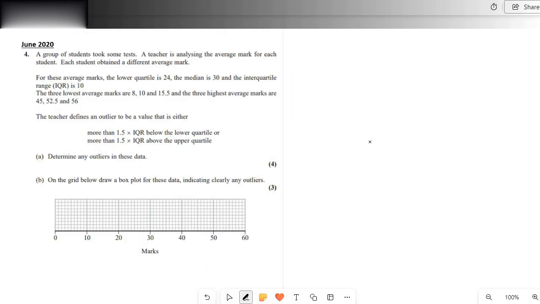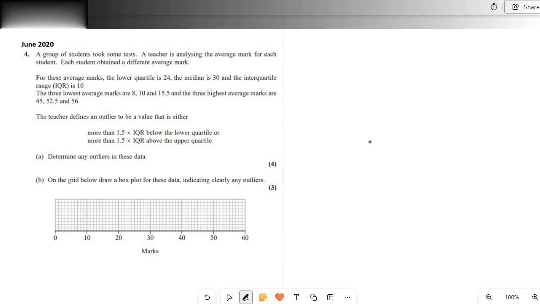The next math, we have a question from June 2020 of number 4, where a group of students took some tests. A teacher is analyzing the average mark for each student. Each student obtained a different average mark. For these average marks, the lower quartile is 24, the median is 30, and the interquartile range is 10.